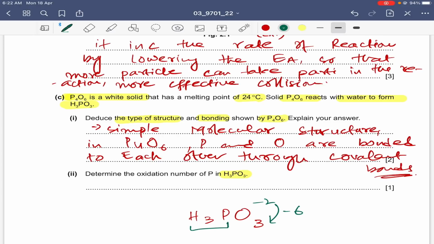So this must be overall +6, so to make it +6, hydrogen with non-metals has an oxidation state of +1. So this becomes +3, that means phosphorus is +3 as well. So +3 becomes +6. So the oxidation number of phosphorus in H3PO3 is +3.